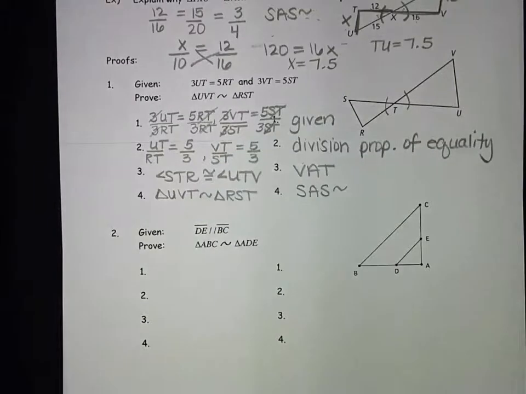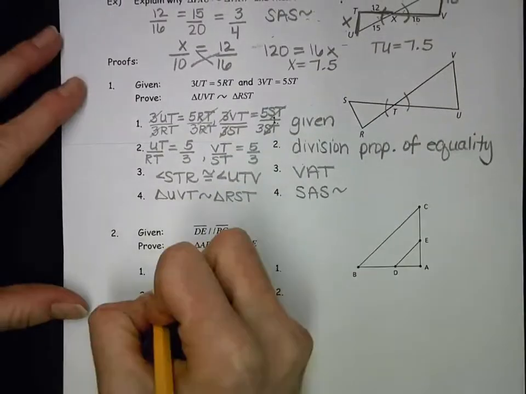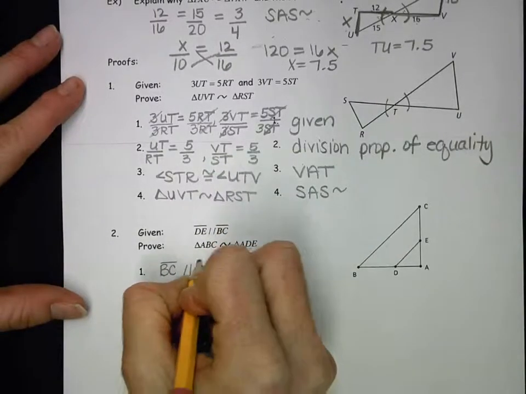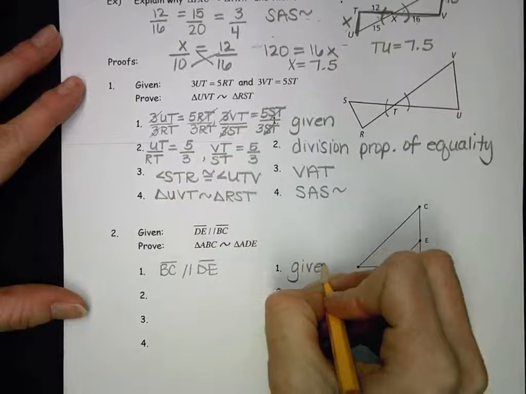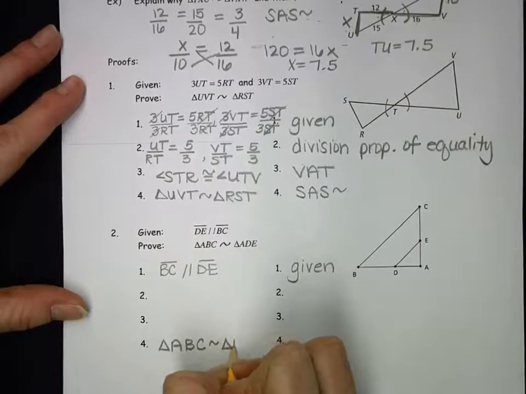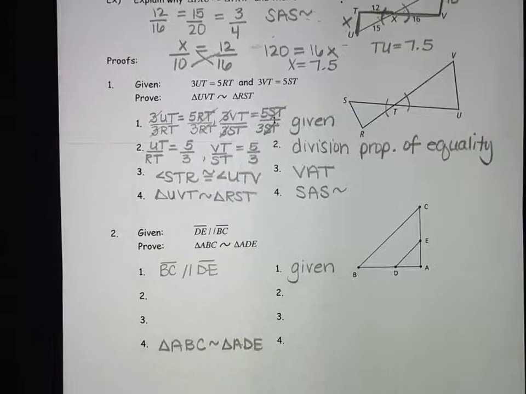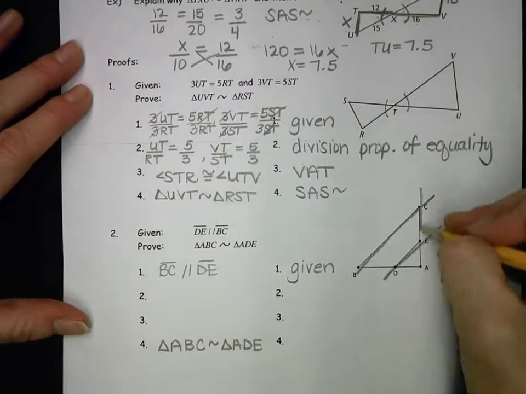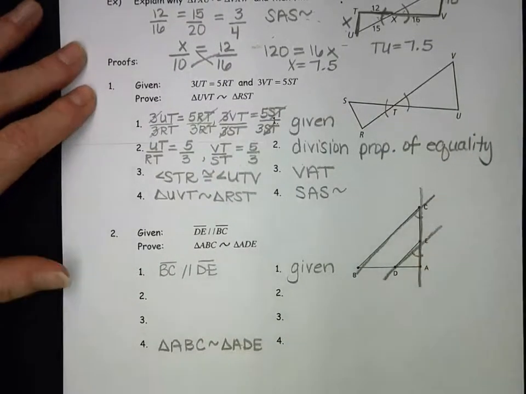In my last example, I'm first going to start with a given. So I'm going to say BC and DE are parallel. And we're going to try and prove that triangle ABC is similar to triangle ADE. All right, the first thing we would look at is if we have these two lines parallel, we have a relationship between those two angles right there.